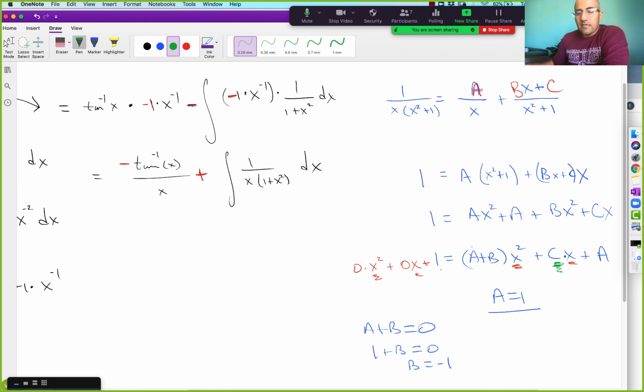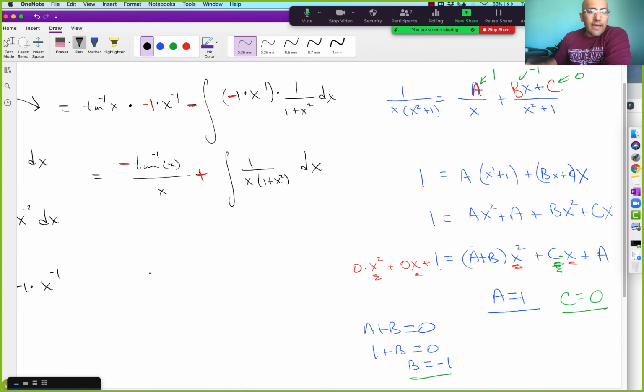Because the c in front of the x must be that guy, we also can conclude easily that c must be 0. So c must be 0, a is a 1, and b is a negative 1. So coming back over here, this is a 1, this is a negative 1, and this is a 0.